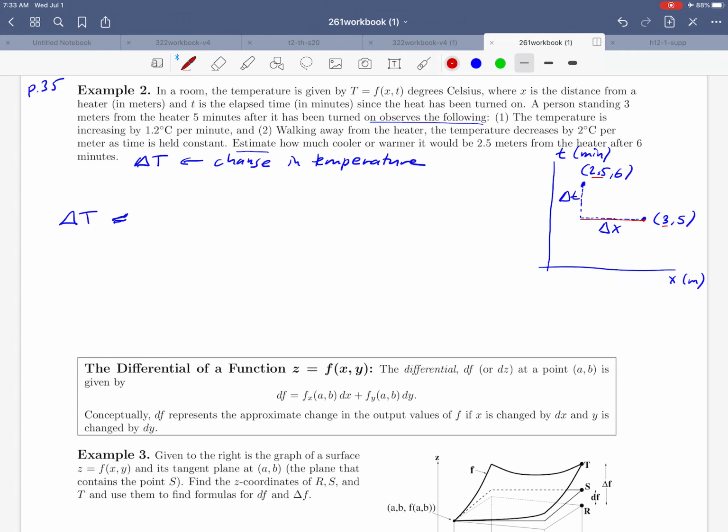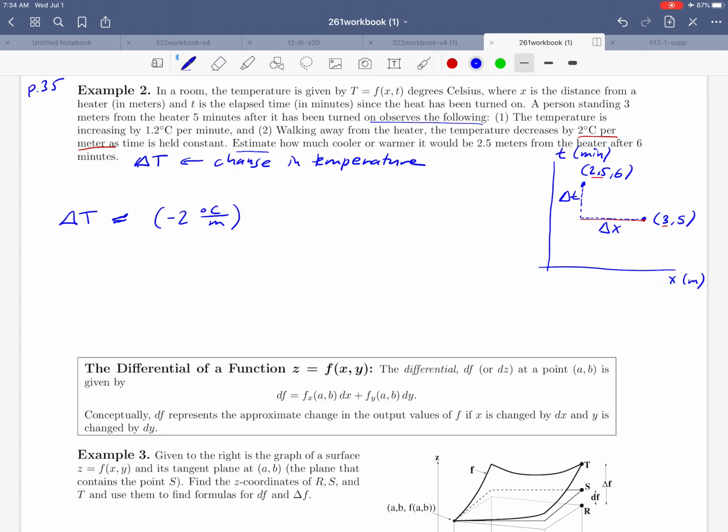And that rate of change is contained in this piece of information, the 2 degrees Celsius per meter. That's the amount by which the temperature decreases as we move away from the heater. So I'm going to start with that number. Minus 2 degrees Celsius per meter.